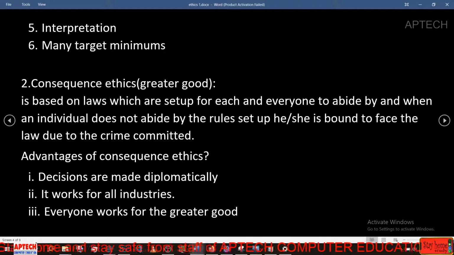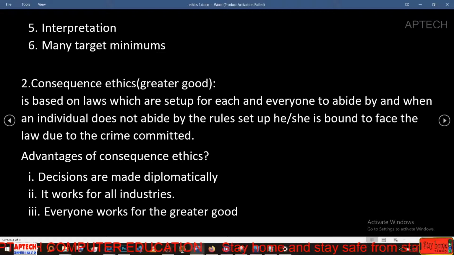So this is based on the greater good. Just basing on the definition, it is based on laws which are set up for each and everyone to abide by, and when an individual does not abide by the rules, he or she is bound to face the law due to the crime committed.